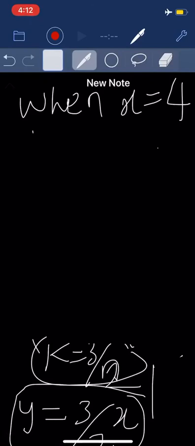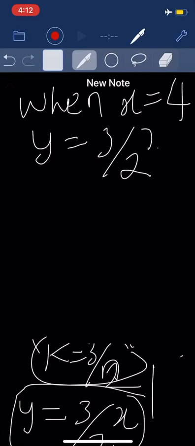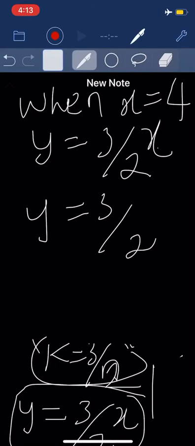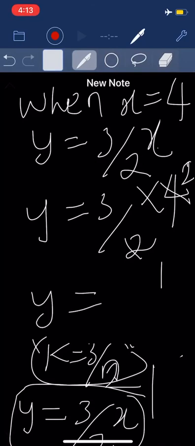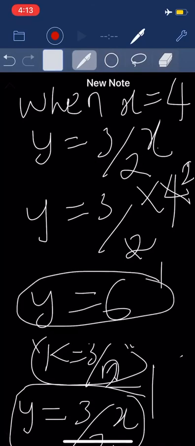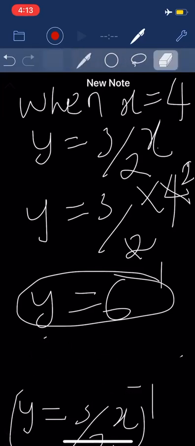It says y is equal to 3 over 2x. So instead of me to write x, I write 4. So y is equal to 3 over 2 times 4. 2 here 1, 2 here 2. Okay, so 3 times 2 is 6. y is therefore equal to 6.